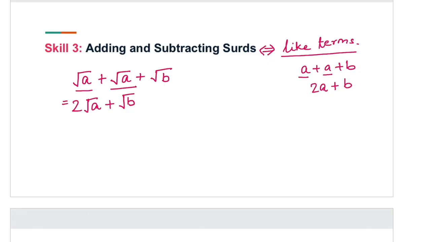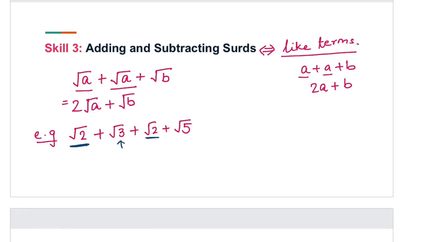Similarly, for example, let us suppose we have root 2 plus root 3 plus root 2 plus, let us suppose anything else, root 5, right? So here again we have to find the common surds. So root 2 and root 2 can go together.